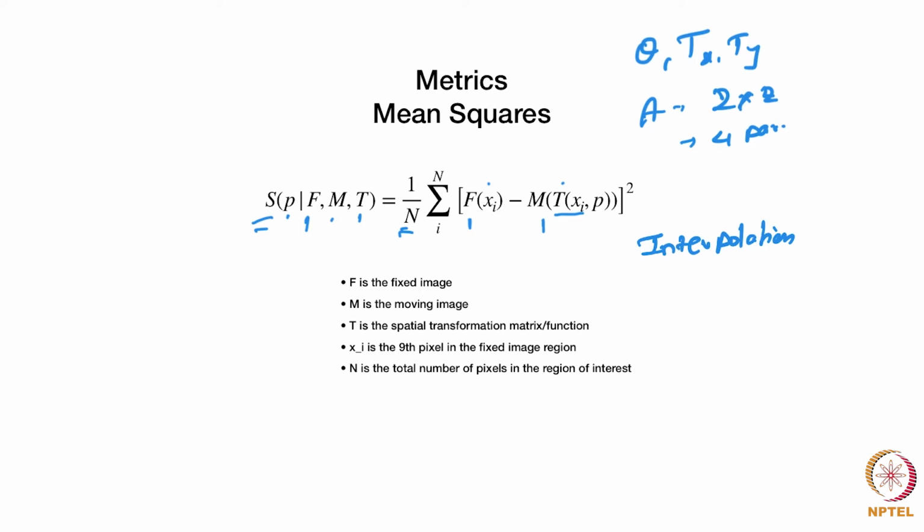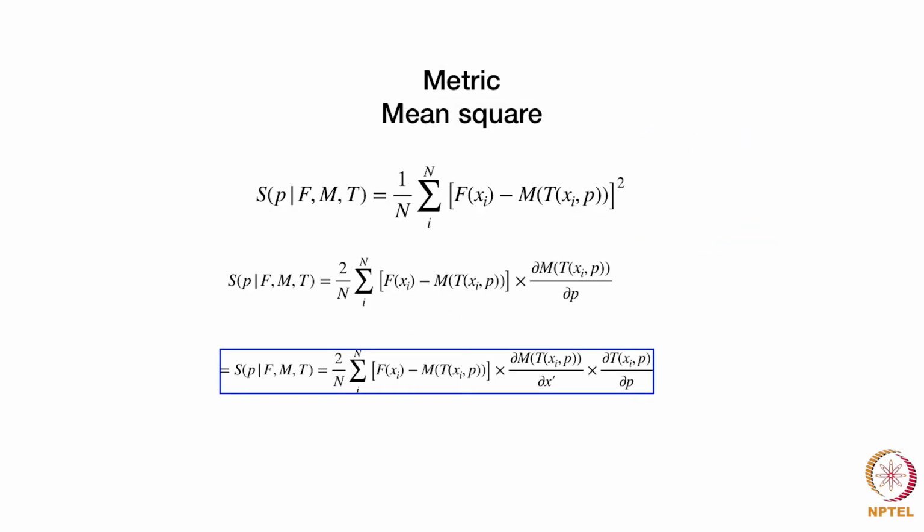Just to clarify the notation, there is a spelling mistake here. X of i is the ith pixel in the image, not the 9th pixel, and capital N is the total number of pixels. From this formula, how are you going to estimate the parameters? We have to minimize this loss function, this mean squares loss, in order to estimate the parameters P of the transform. Here again there is some error.